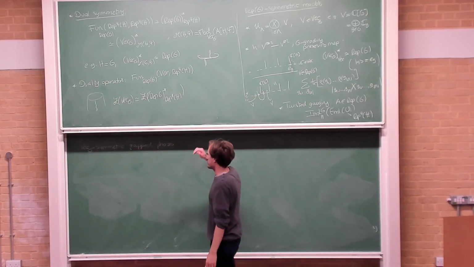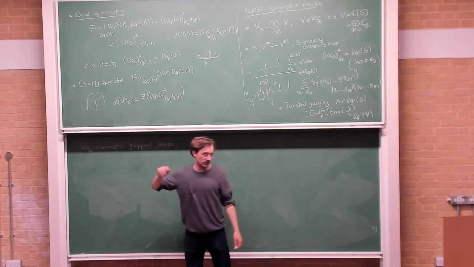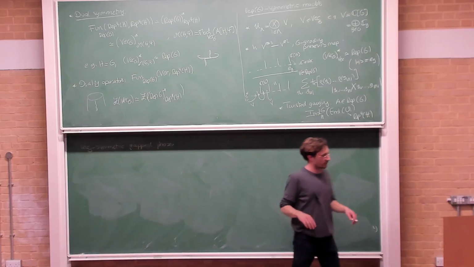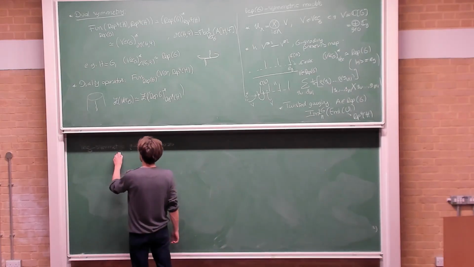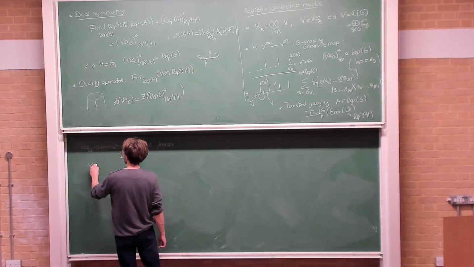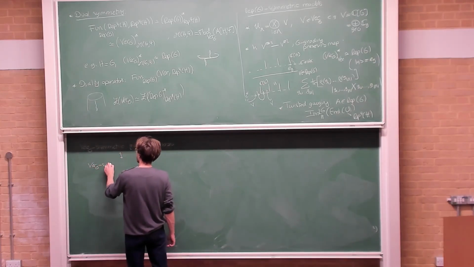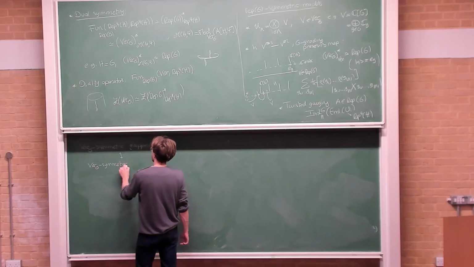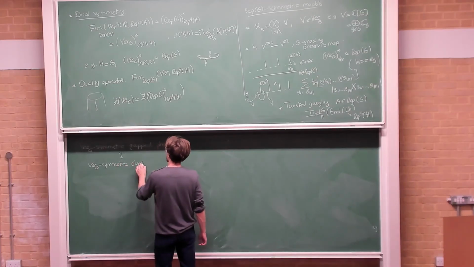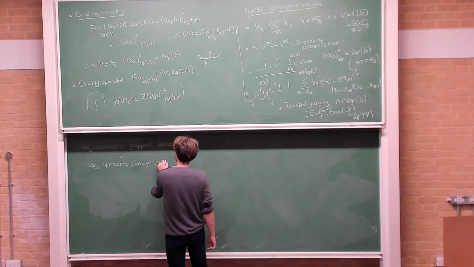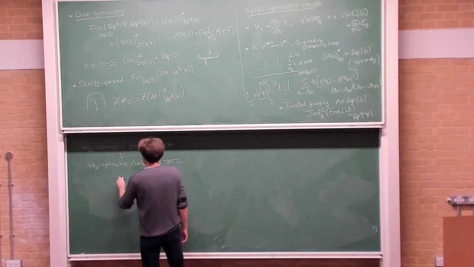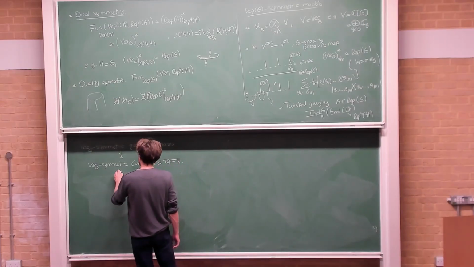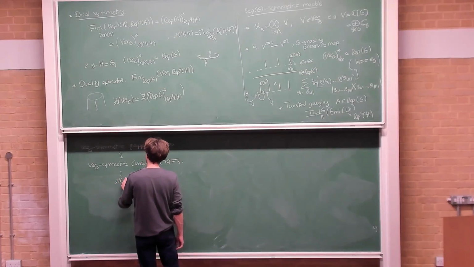If I accept the idea that gapped phases in the low energy limit are described effectively by some TQFT, then this is essentially the same as asking for the classification of VecG symmetric, I'm going to add unitary here, 2D TQFTs, which unsurprisingly are classified again by the same data as before.